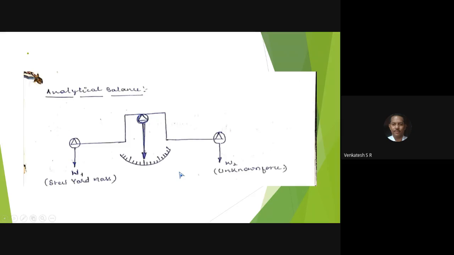Explain briefly with neat sketch. Analytical balance.